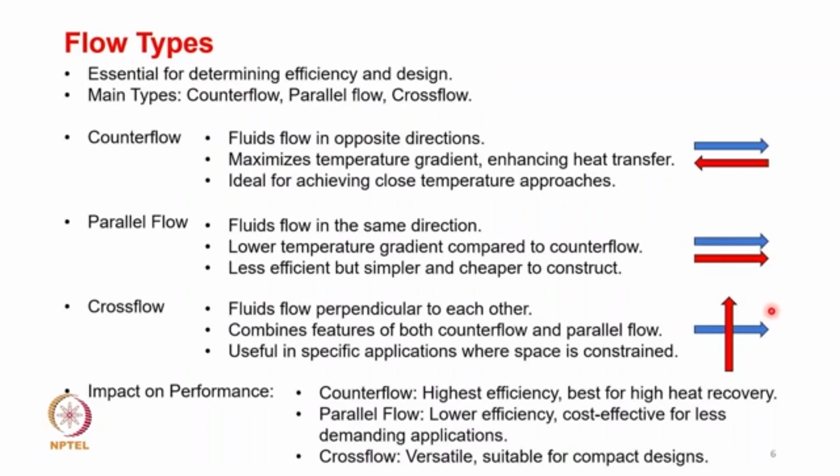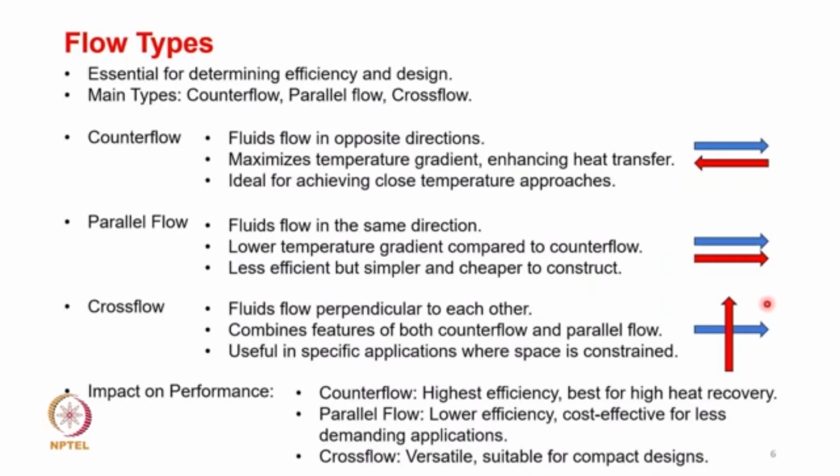It is more difficult to achieve, but if your space is constrained because you need to install your heat exchanger equipment at a particular location, cross flow is a better choice.